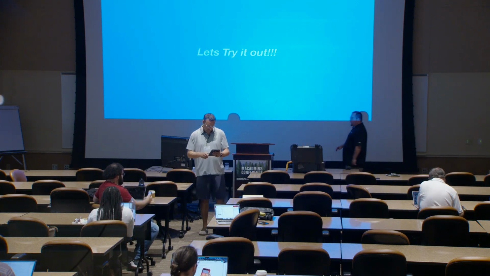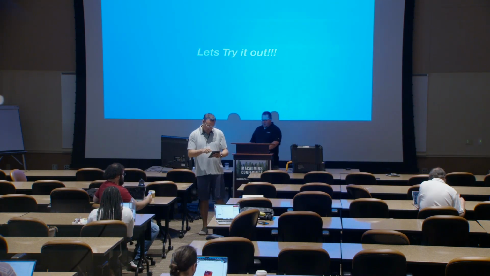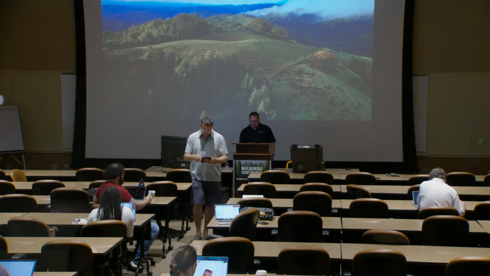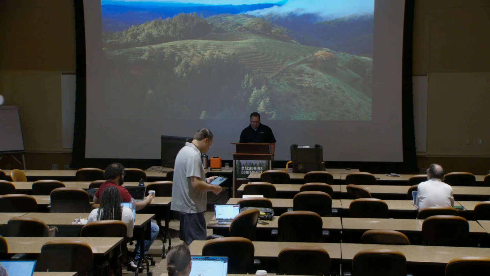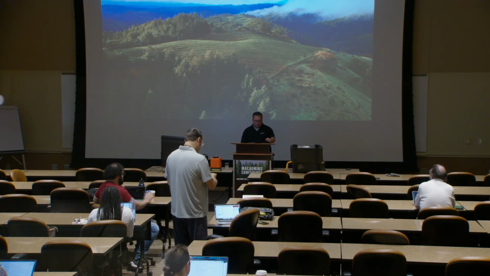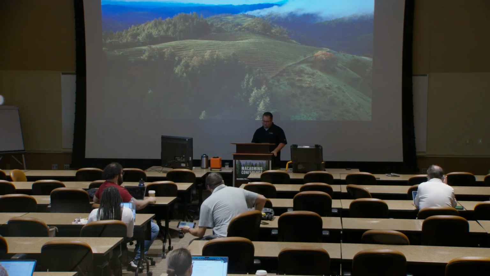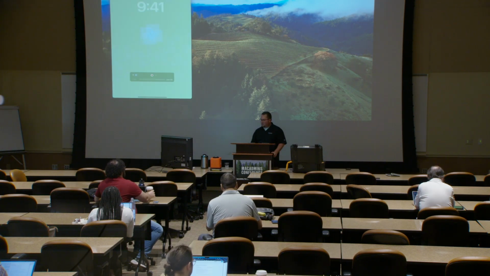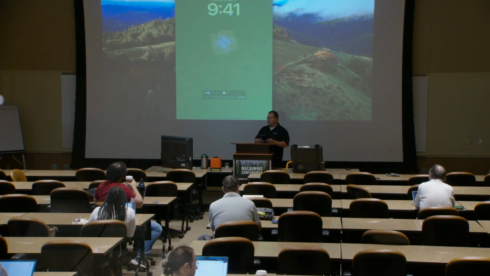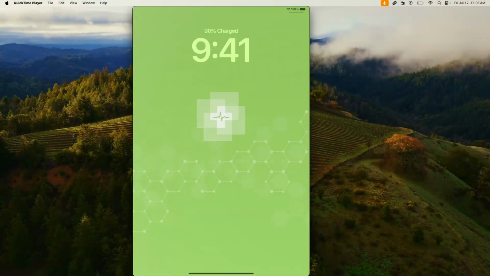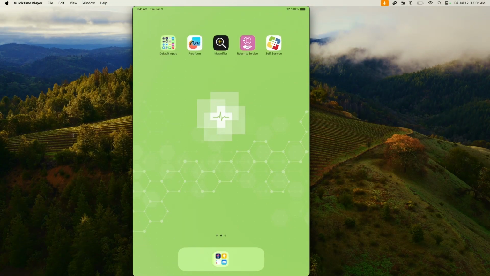All right, so before we get into that, I'm just going to go ahead and share my device out. So we all have the same devices. Your device is either going to have a green or a red background on it.